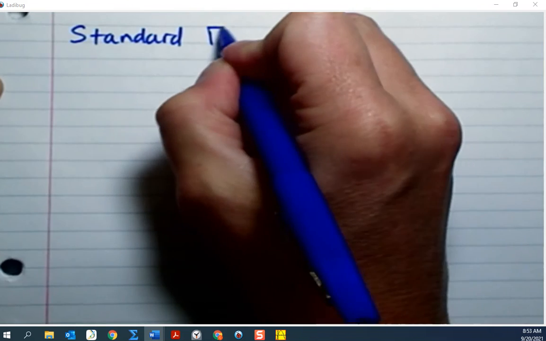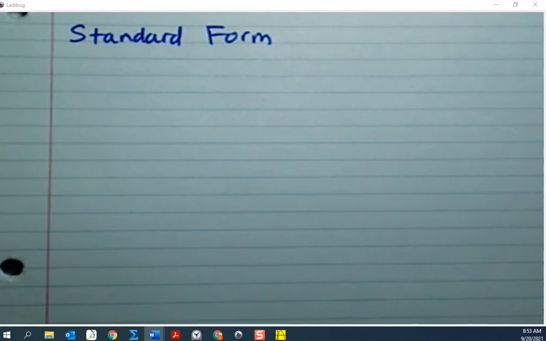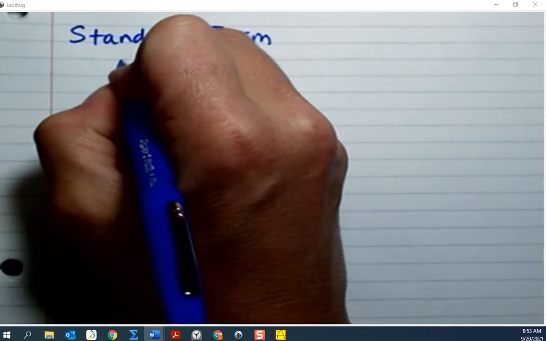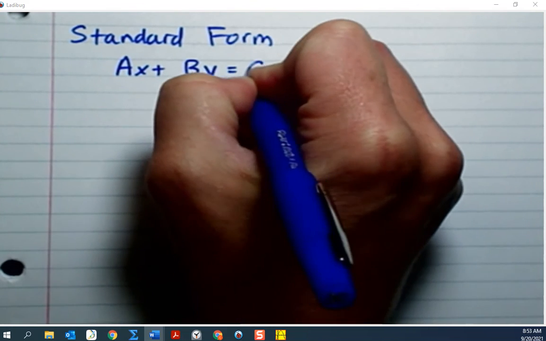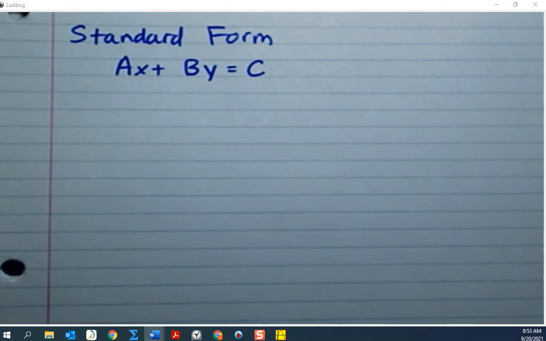I am watching our time. We are almost at whatever that limit is for brains focusing. Okay. Ax plus By equals C. Okay, this is standard form.